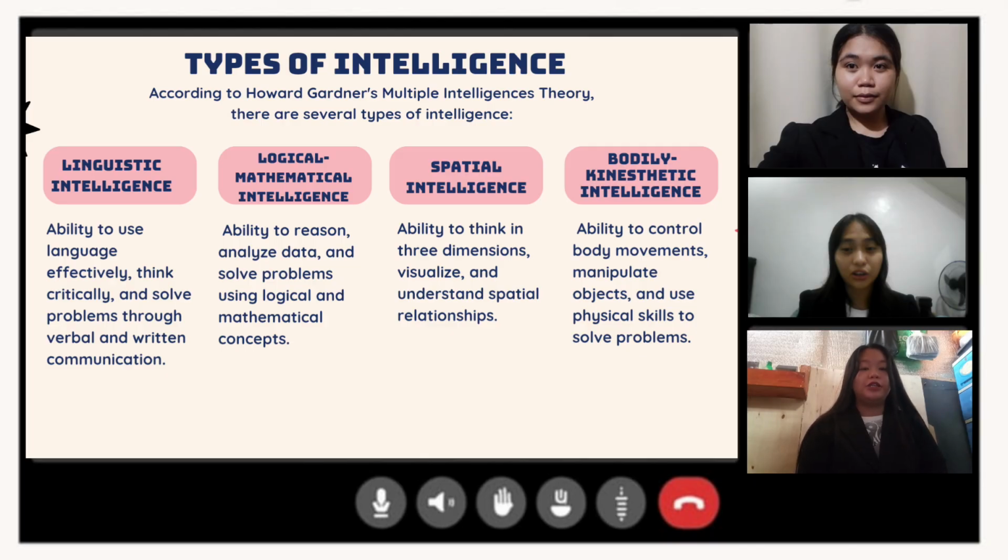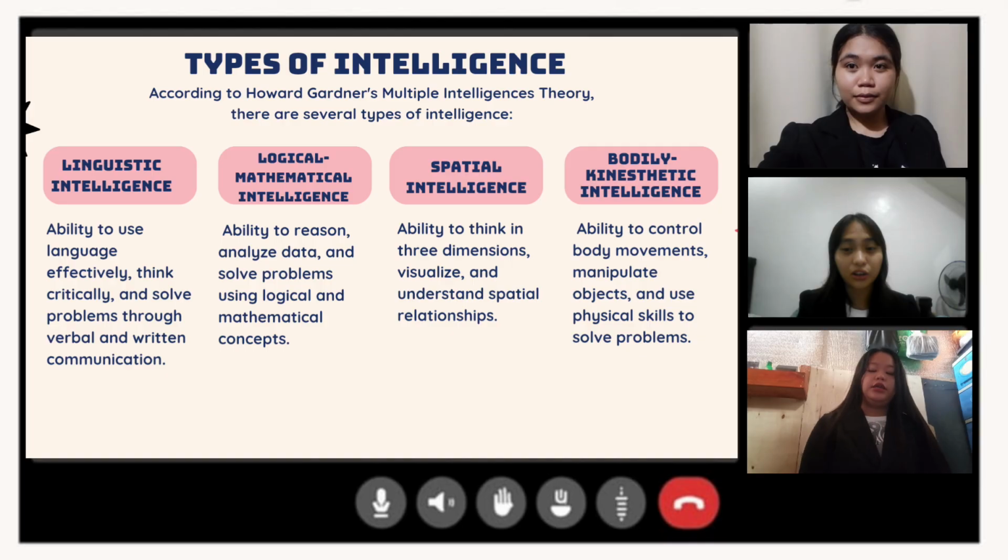The third one is spatial intelligence, the ability to think in three dimensions, visualize images and objects, and understand spatial relationships. For example, an architect, artist, or engineer who visualizes structures before building or creates detailed designs and layouts.